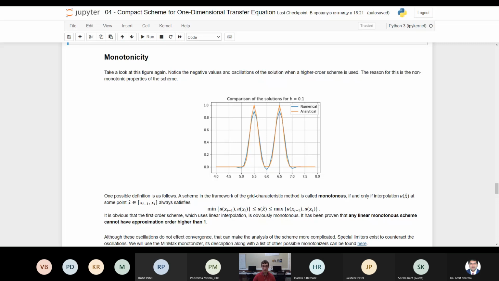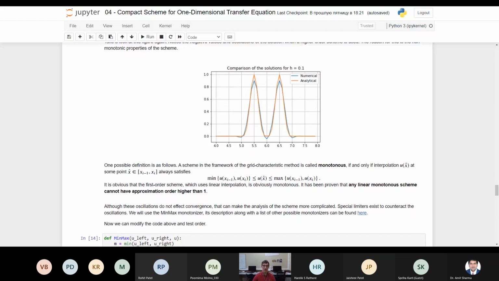Another problem is the solutions with extremely high gradients, in which non-monotonous schemes create non-physical oscillations, which can sometimes make the analysis of the computation much more difficult. So numerically, this is described by the concept of monotonicity.